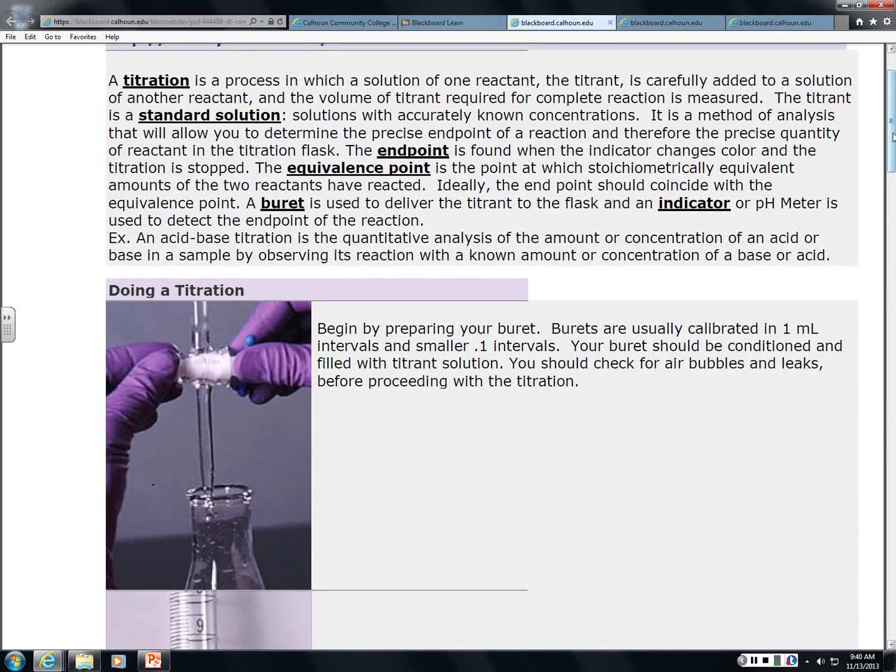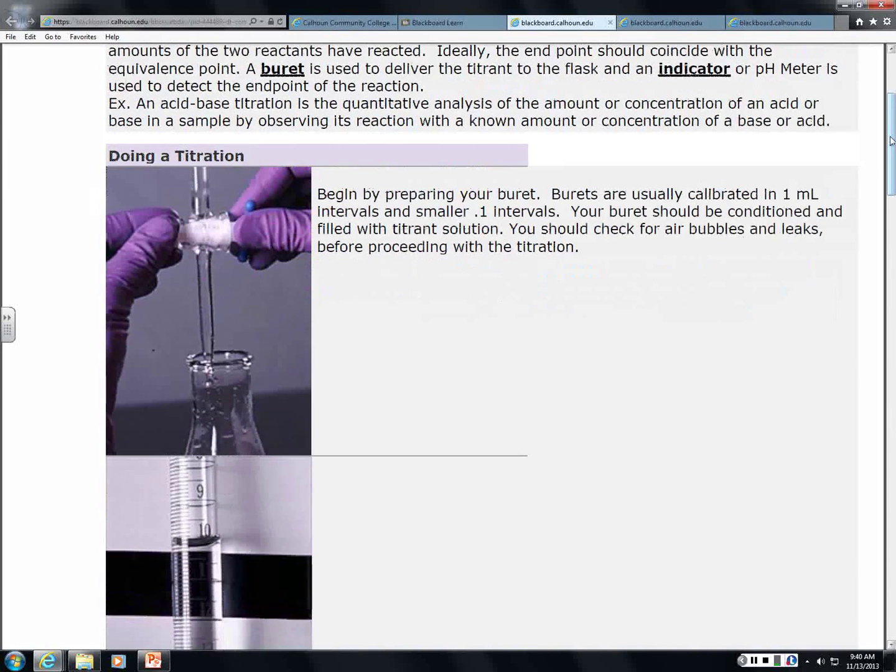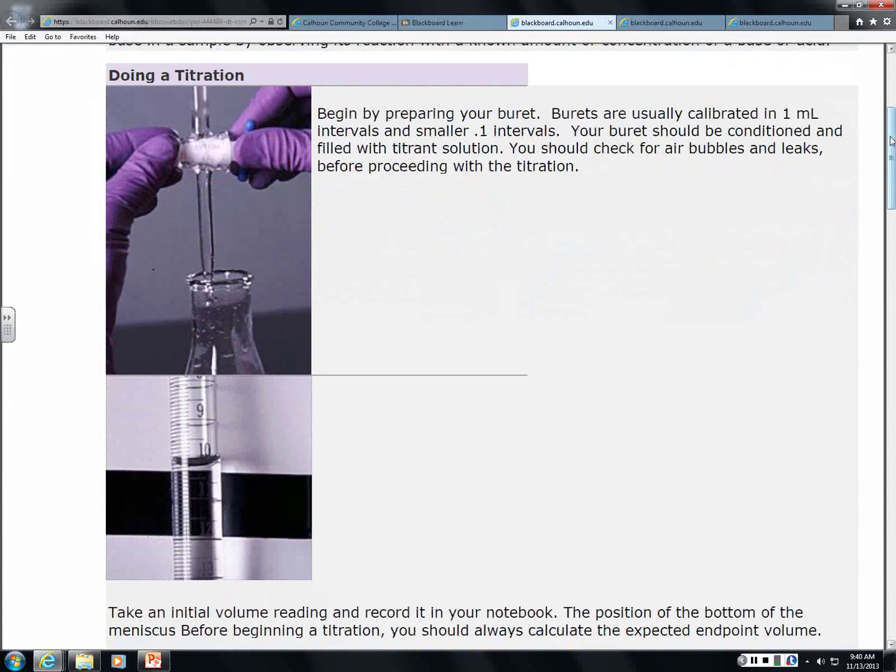Okay, so the first thing we have to do is prepare your burette. One thing to talk about the burette real quick. Everybody probably noticed that it looks like it reads backwards, right? Up here was 0, and down here was 50. Do you remember how many decimal places you had to read the burette to? 2, exactly.